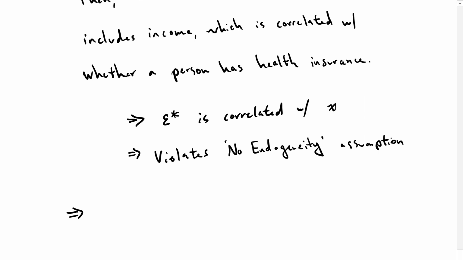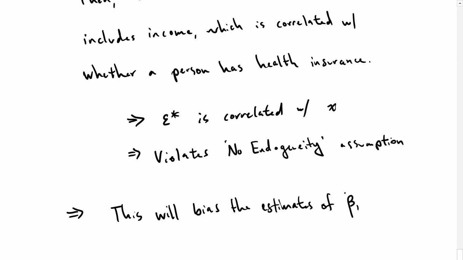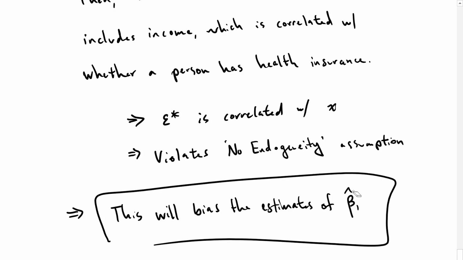And this will bias the estimates of beta 1. Well, the estimate of beta 1.